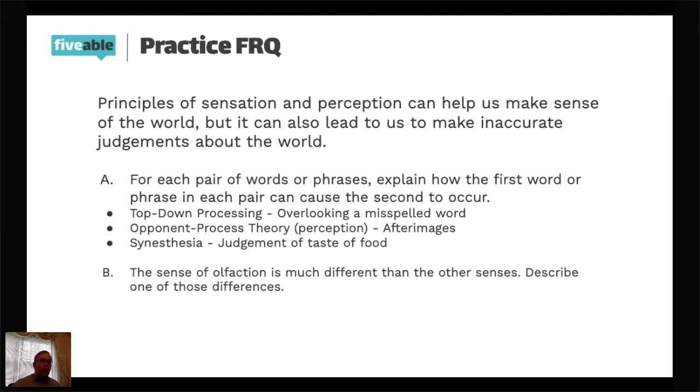If it doesn't give a scenario, you could give an example of some kind. Let's say top-down processing and overlooking a misspelled word. Joey was looking over his essay and knew the essay so well that he could read the words, and because he could recognize the words, he could not pick up on the small details of the misspelled word, something like that. So yeah, an example would definitely help in an FRQ like this.